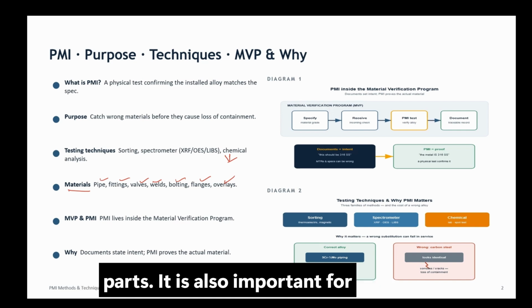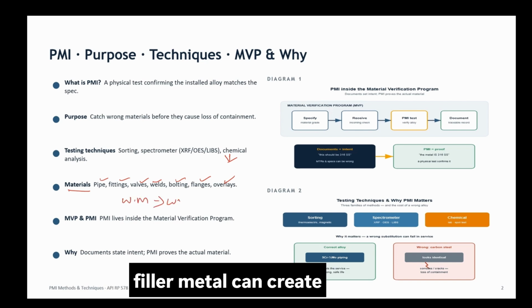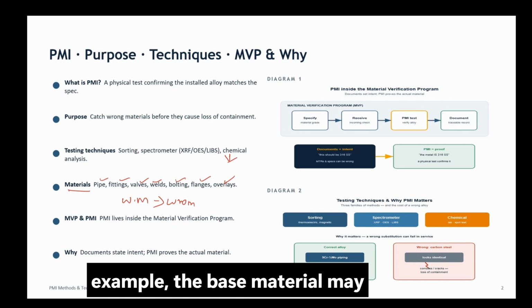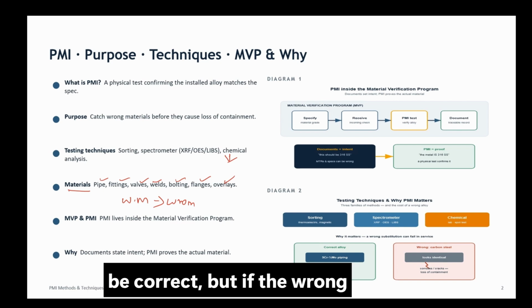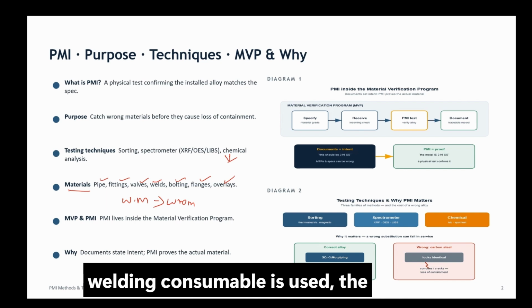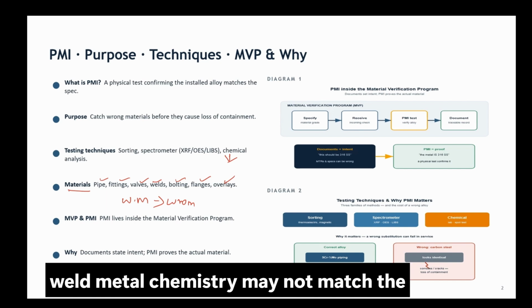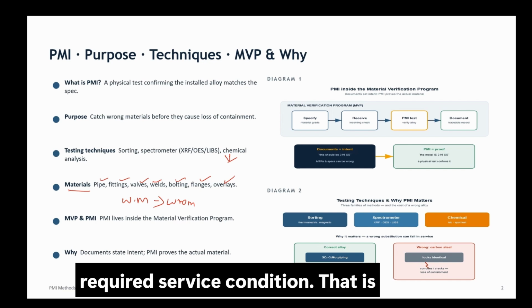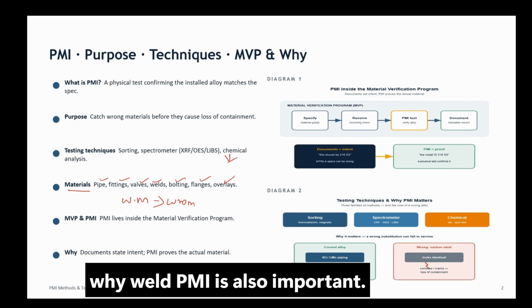It is also important for weld metal because wrong filler metal can create severe service failure. For example, the base material may be correct, but if the wrong welding consumable is used, the weld metal chemistry may not match the required service condition. That is why weld PMI is also important.